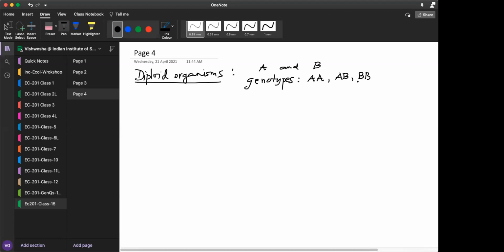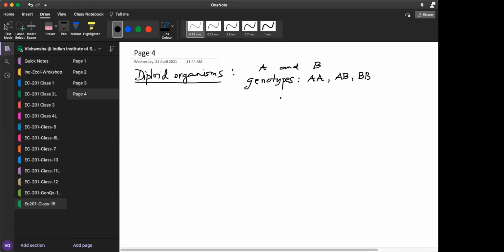If both the parents contribute allele B, then the offspring will be BB. However, it's possible that they contribute different alleles, therefore the genotype will be AB. So there are 3 possible genotypes in diploid organisms.